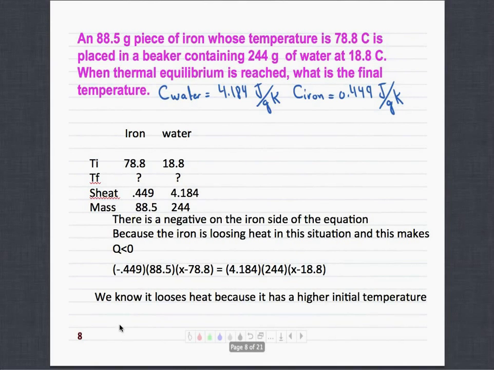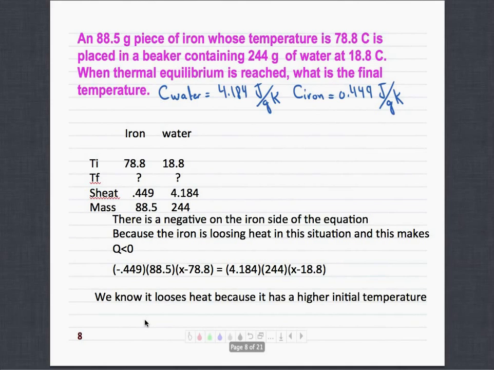So what you're going to do next is expand. Multiply this by that, this by that. Then take the T finals to the same side and all the other numbers to the other side. Make sure that when you move something from the right side to the left side of the equation, the plus is going to be minus, the minus is going to be plus.